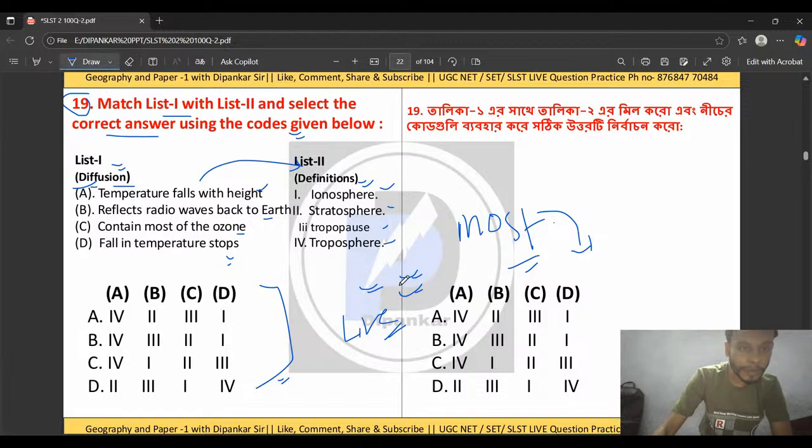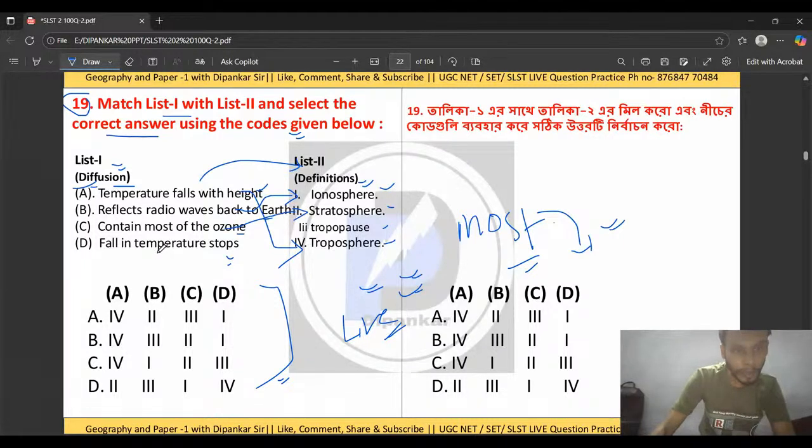19C. Okay, then. So temperature falls with height. Yes, this is the troposphere. Reflects radio waves back to the earth, the ionosphere. Contains most of the ozone, the stratosphere.